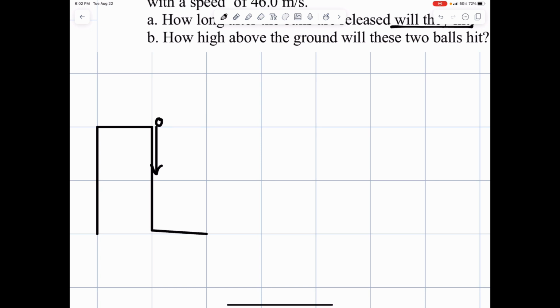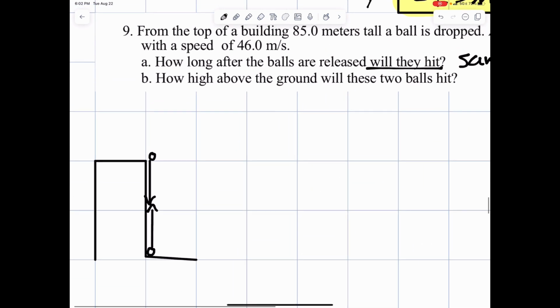That ball's gonna be dropped, and then the other ball is gonna be launched. Okay, now when will they hit? It's not gonna hit right in the middle, but when they hit, they're gonna have, like I said, the same position, they'll hit at the same time, and they'll have the same acceleration.